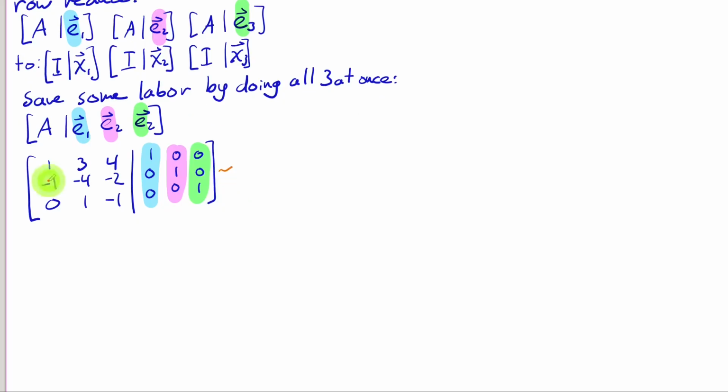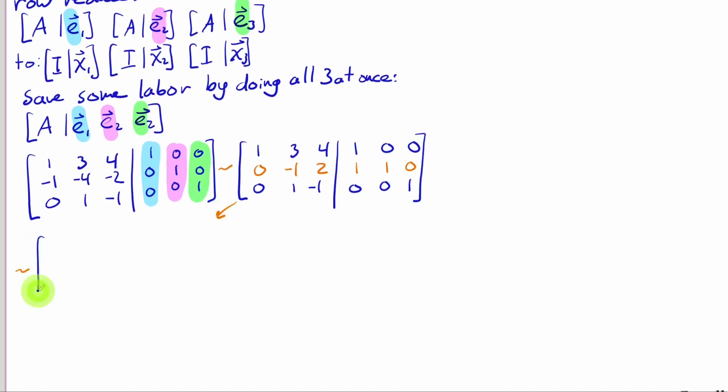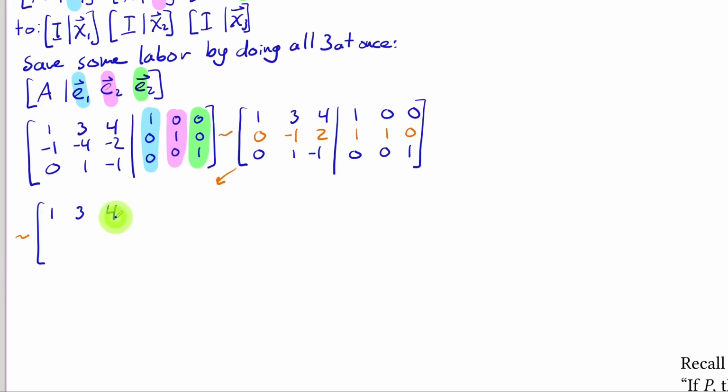We can clear away this -1 by adding row 1 to row 2 and replacing row 2 with that result. Rows 1 and 3 are left alone. Then we can clear away this 1 by adding row 2 to row 3 and replacing row 3 with that, of course.